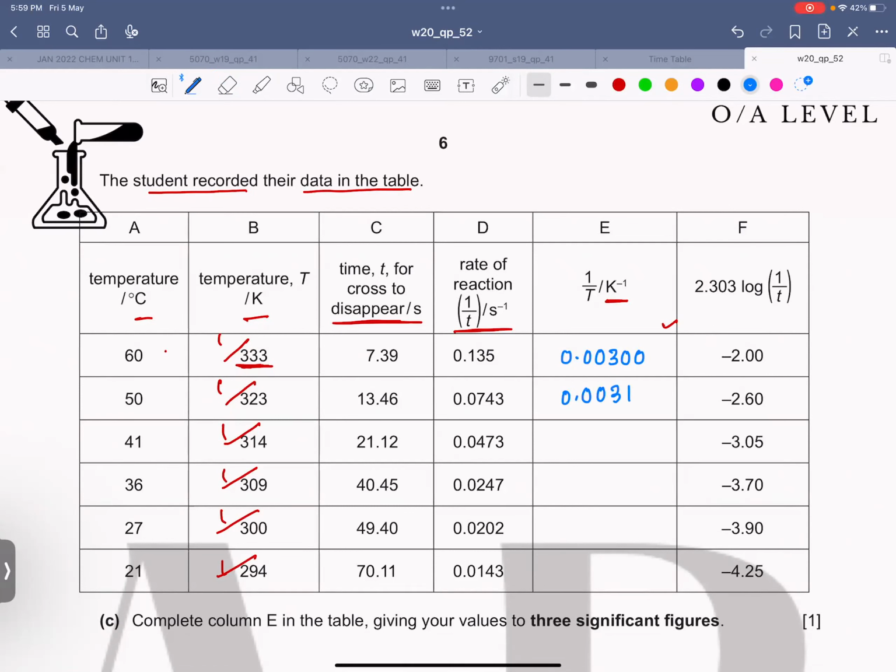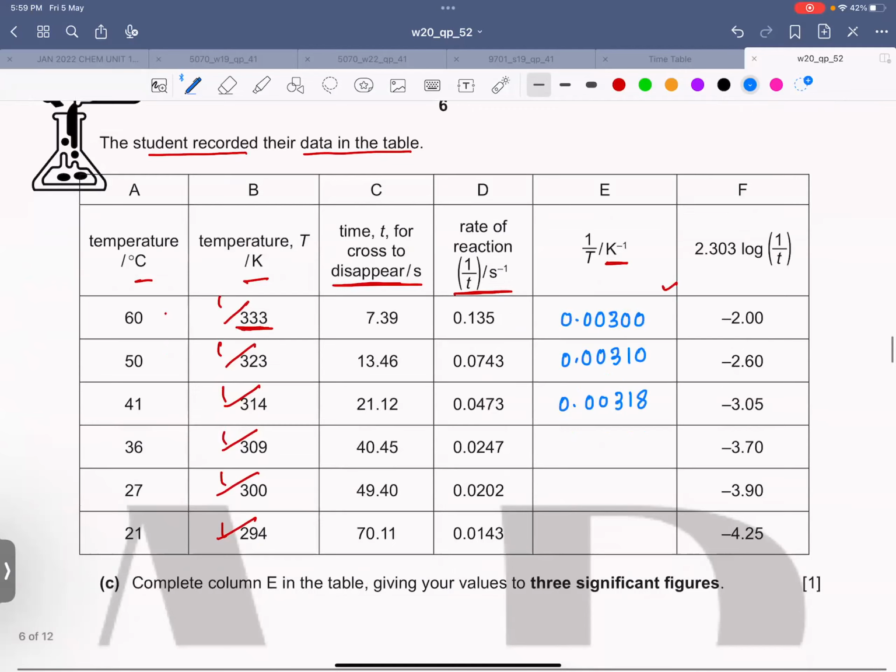Yes, sir. Okay. Then 0.00318 is coming, so should we make it 32? No, 318.